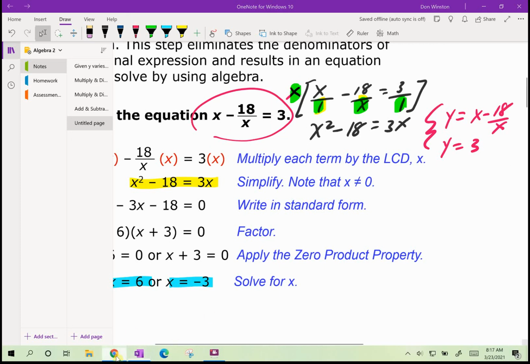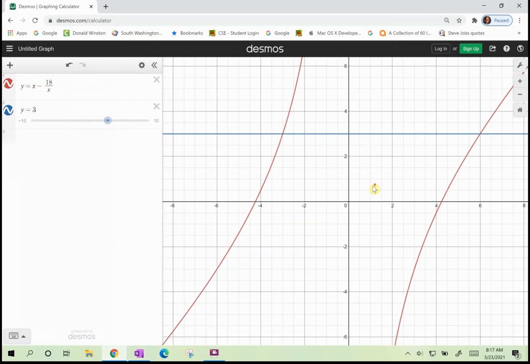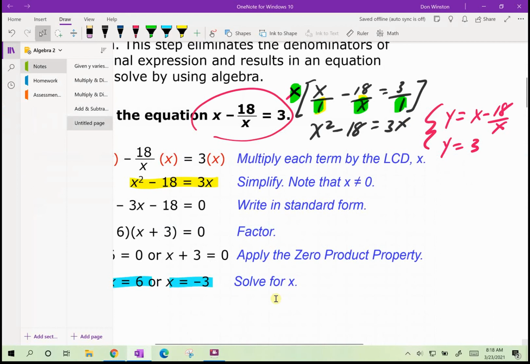If I go out to decimals here, I have y is equal to x minus 18 over x. That's the red graph there. We call that a hyperbola, but that's a rational function. We'll look more at rational functions tomorrow. And then I have the other equation, y is equal to 3. I want to find where they intersect, and they intersect at x is equal to negative 3 and x is equal to 6. Those are the solutions I got, 6 and negative 3.